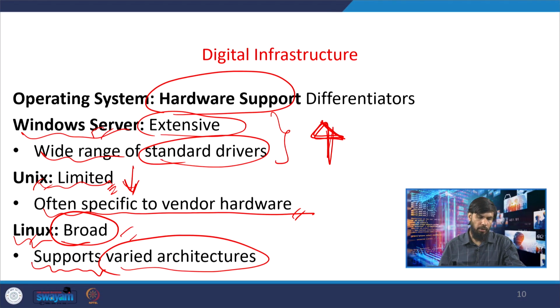So hardware device manufacturers also provide support for Linux. There would be drivers available for Linux for their hardware devices, right. So again, Linux sits in between: Windows Server has extensive hardware support and corresponding driver support, Unix is limited, and Linux is in between.